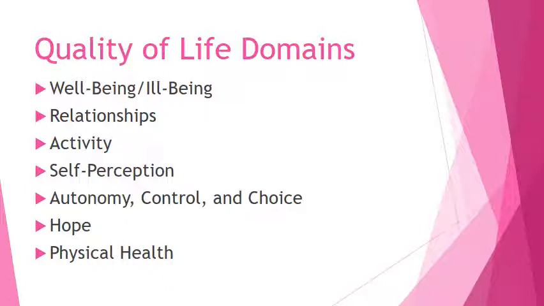The elements of this domain that negatively affect quality of life include critical and judgmental relationships, stigmatization, and rejection and lack of understanding by those close to the individual and the wider society, all of which lead to feelings of loneliness, isolation, and detachment.